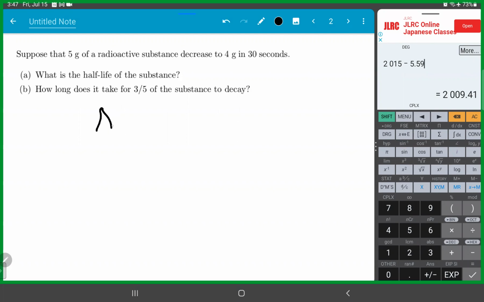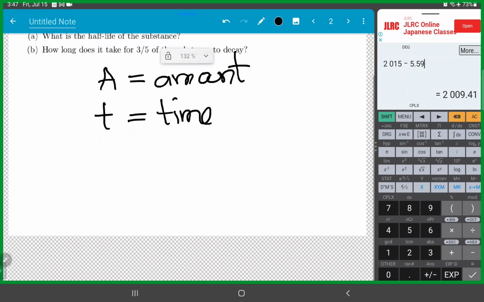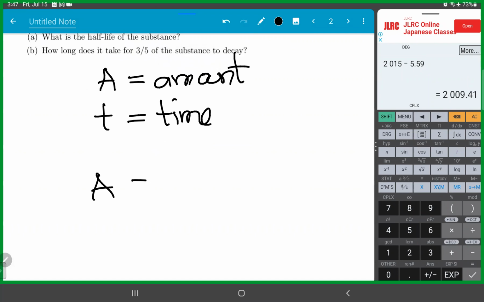So if we let A, hindi kasi siya nagbigay ng variable, yung amount of the substance, t is time, then pwede nating sundin A equals B e to the kt. Or you can choose your own if you want. A naught for the initial condition or initial amount.